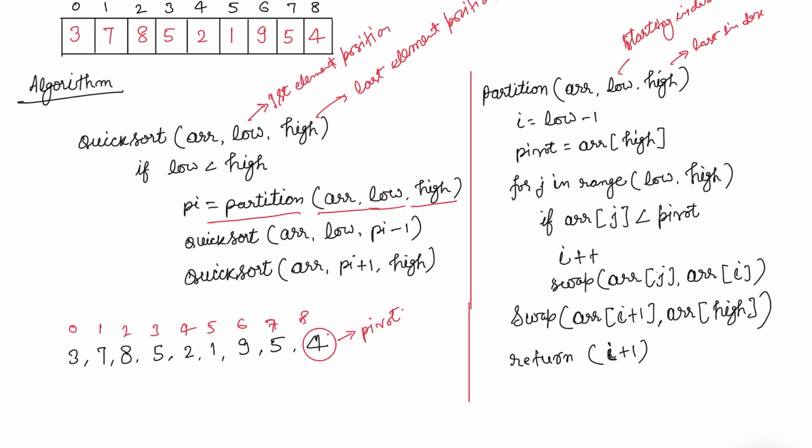Here see, what does the pivot do? It always selects all the elements which are lesser than the pivot. Whatever is lesser than the pivot will be in the left direction, and whatever is greater than the pivot will be in the right direction. So after the first partition function, 4 will be in its exact sorted place.